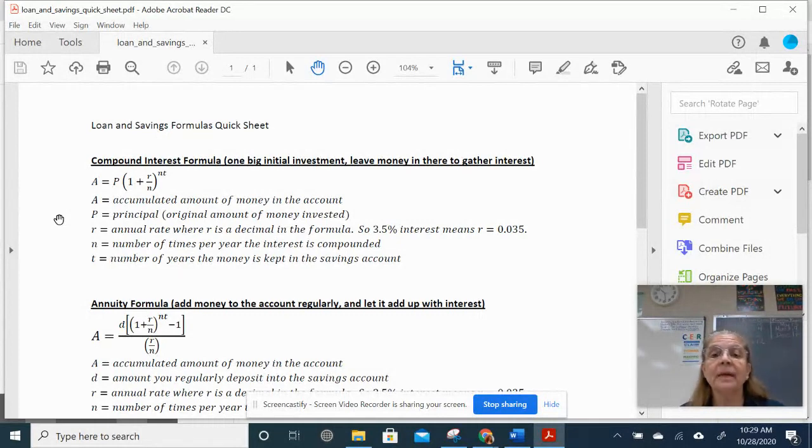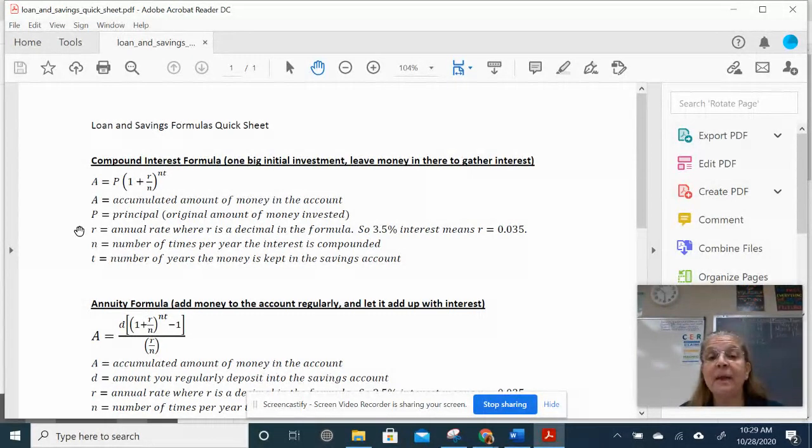The R, the lowercase r, is for the annual percentage rate, and it must always be in its decimal format in order to use. N is the number of times a year that interest is going to be compounded or added. The most common value for N is 12. Your credit card bills, they bill you monthly.